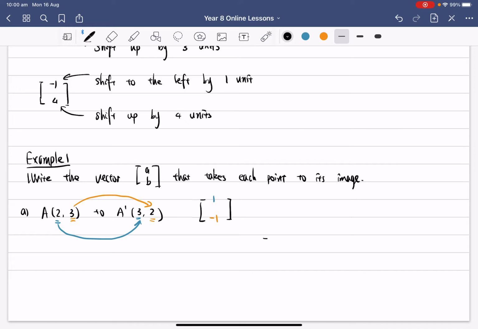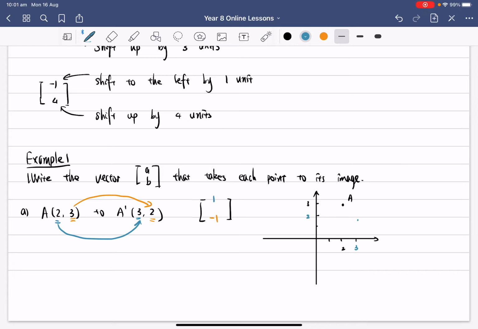Now, for those students who are visual learners, if you prefer to do the questions with a diagram, yes, you can. What you can do is label the points. So 2 and 3, for example, is the first point, which is A, and then you label your second point A dash, which is 3 and 2.